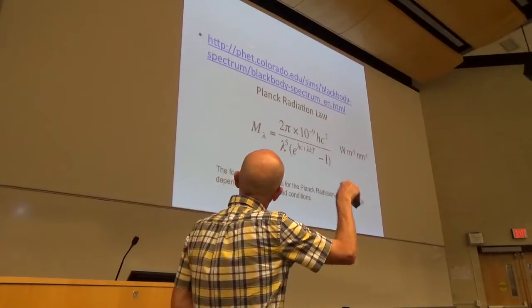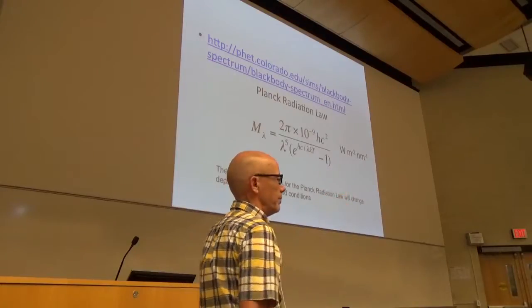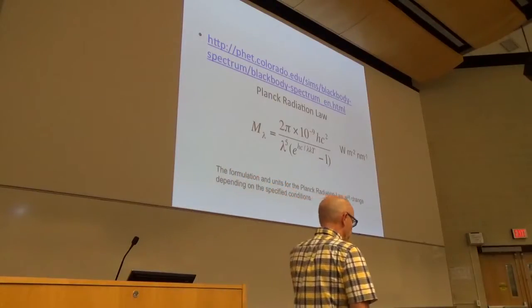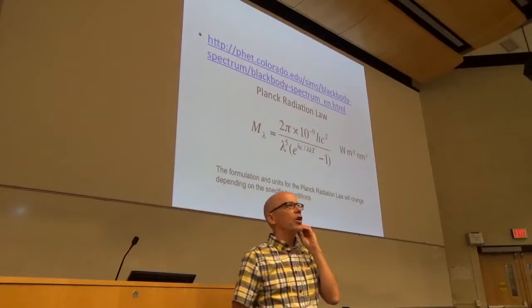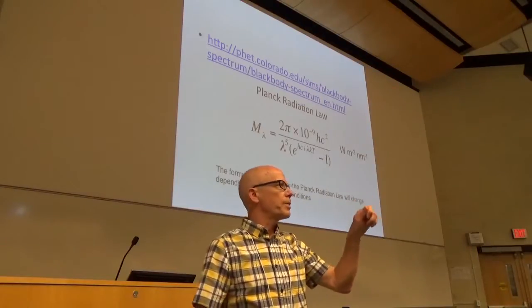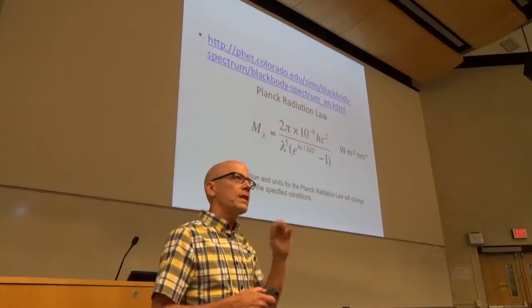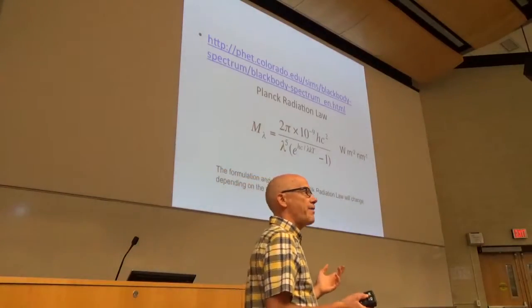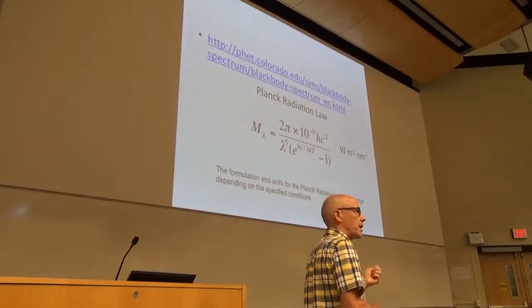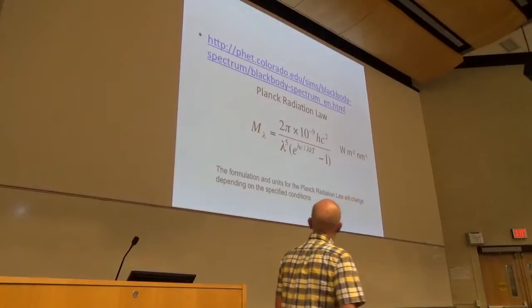I do use this. I show them a nice little applet where you can adjust the temperature, the wavelengths and the intensities, so you can see the behavior of this equation interactively.